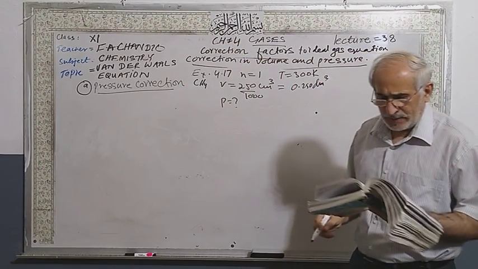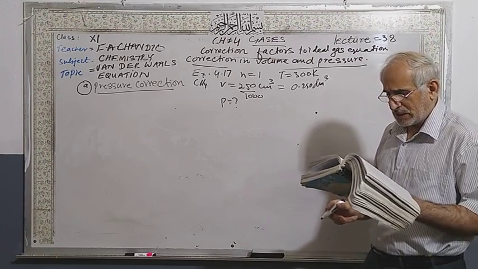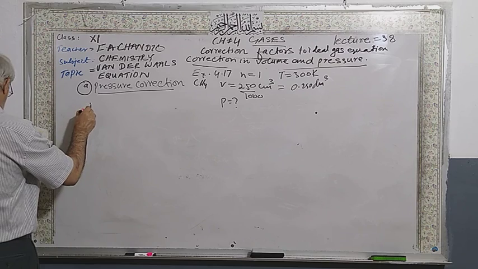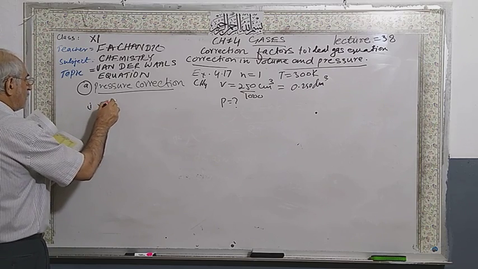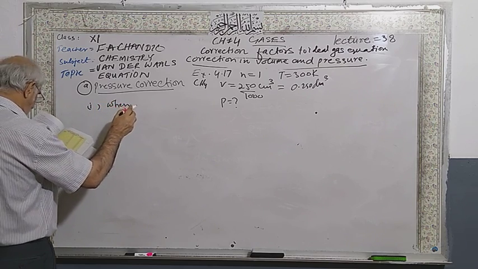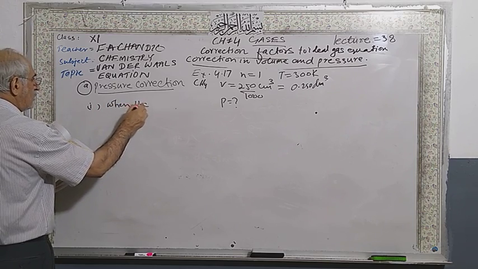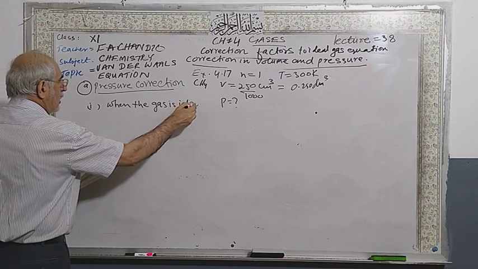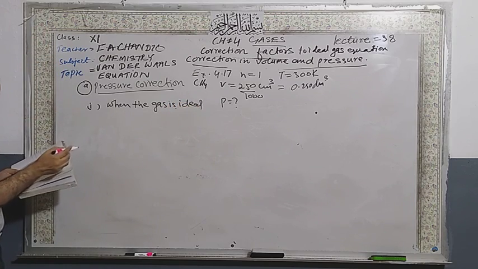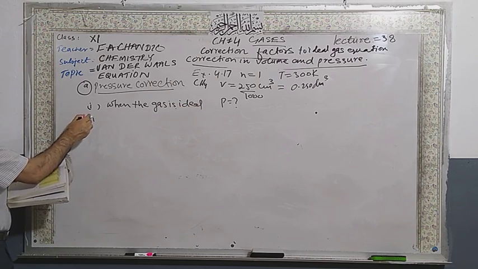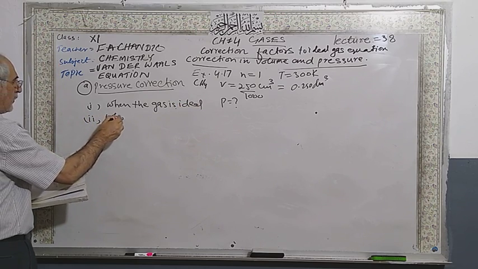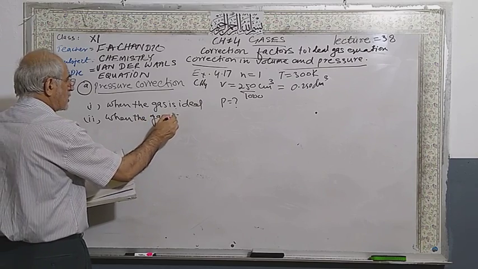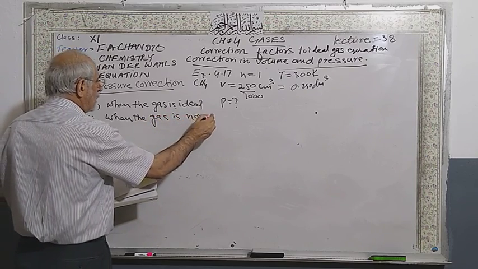Calculate the pressure exerted by the gas under the following conditions. Number one condition is when the gas is ideal. Number two, when the gas is non-ideal.